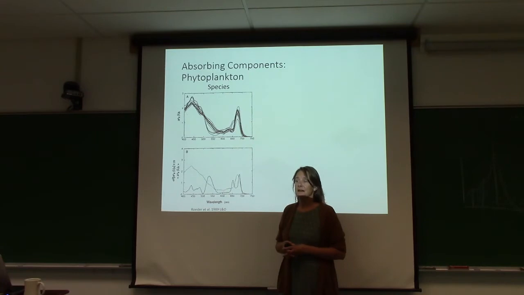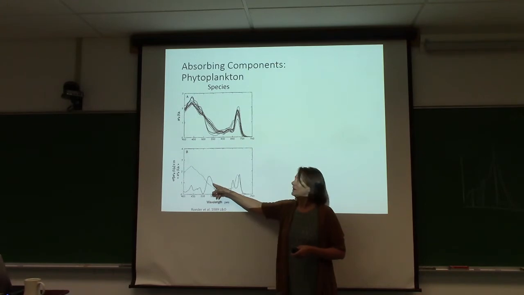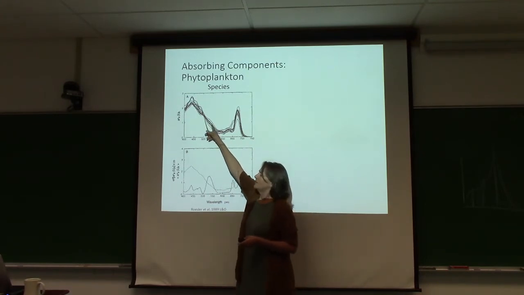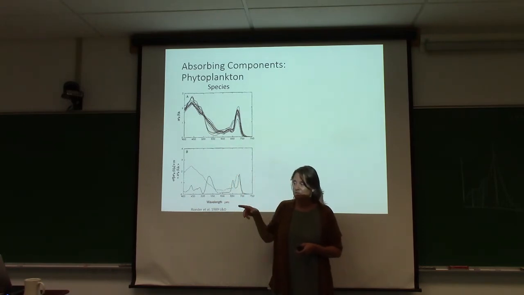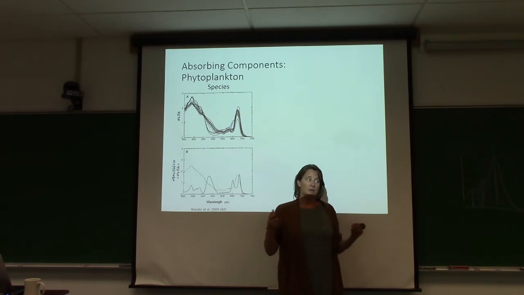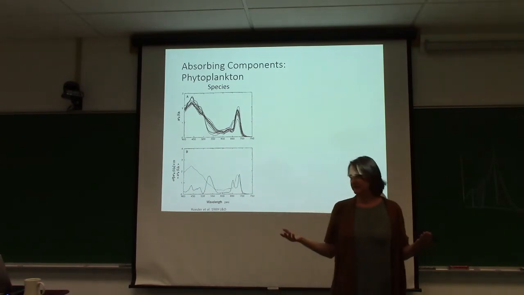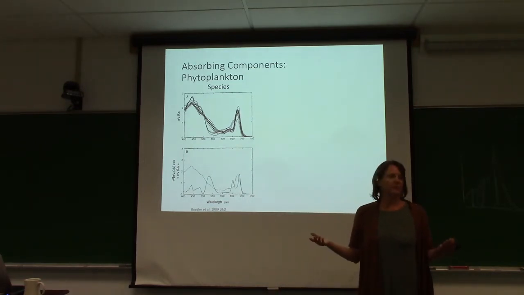Differences between different taxa. And what is doing this? Pigment composition. So when you see differences in the shape of these curves, it's because they have different pigment composition. Now, that can vary between taxa. Diatoms and dinoflagellates certainly have different pigments.